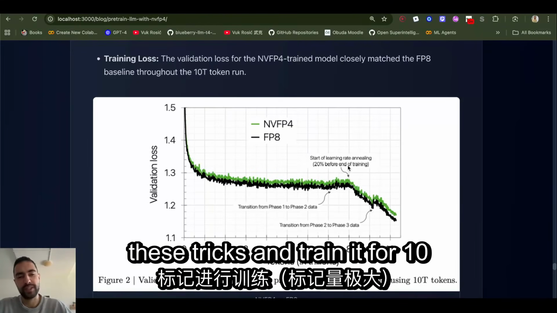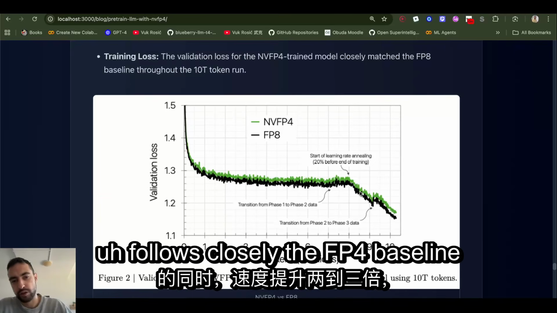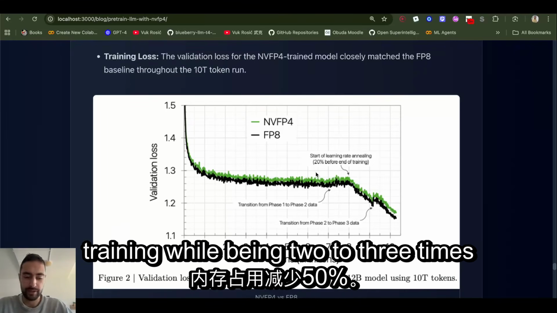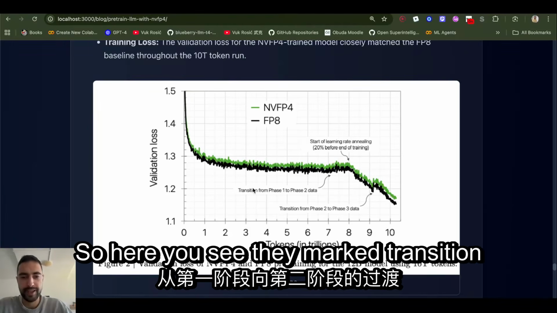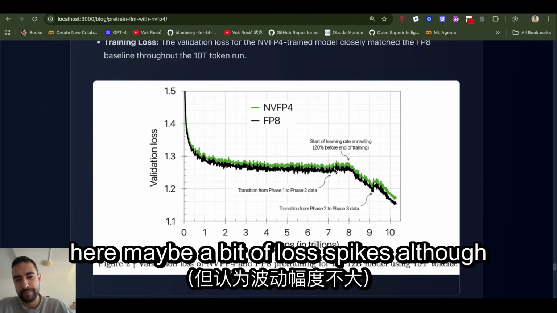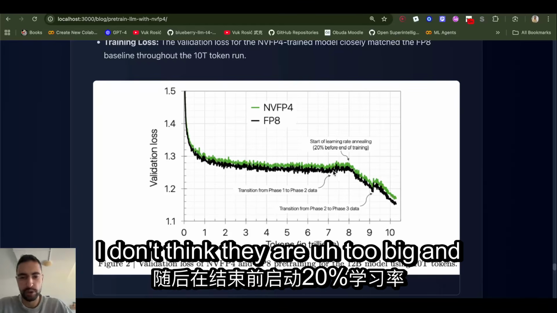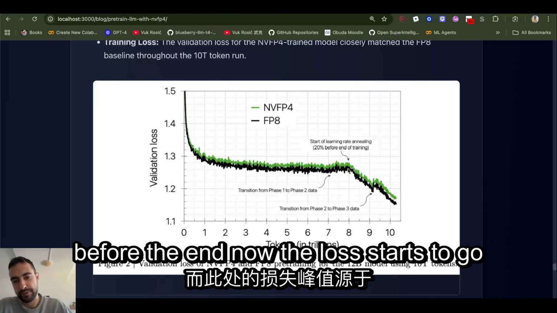So they use all of these tricks and trained it for 10 trillion tokens, which is a lot of tokens. And you see, it follows closely the FP8 baseline training, while being 2 to 3 times faster, taking 50% less memory. Here you see they marked the transition from phase 1 to phase 2 of the data, maybe a bit of loss spikes, although I don't think they are too big, and then the start of learning rate annealing 20% before the end.